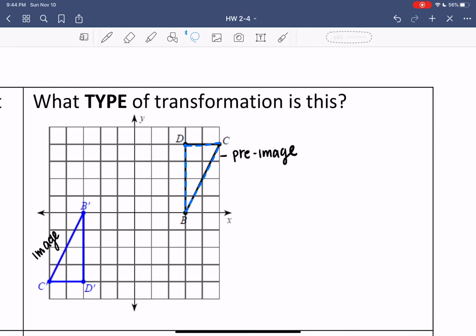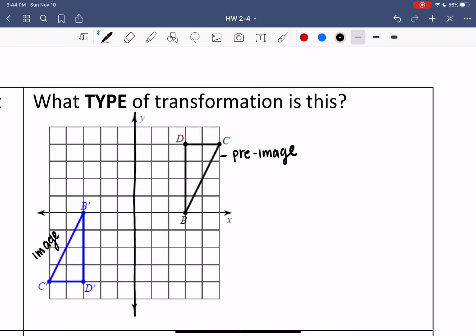In order for it to be a reflection, it would be taking this shape and having a mirror image over one of the axes, either the X or the Y. And in this case, it would be taking the Y-axis and folding it in half, and that would not result in a reflection.